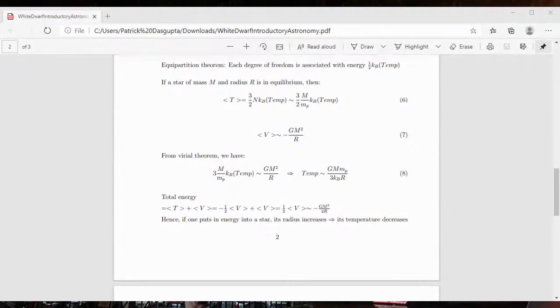There is oscillation in the radius at very small scales compared to the sun's radius. There is a 5 minute oscillation and so on. And that is the reason why I have been using the term that stars are not in full hydrostatic equilibrium, but they are in quasi hydrostatic equilibrium. Okay.